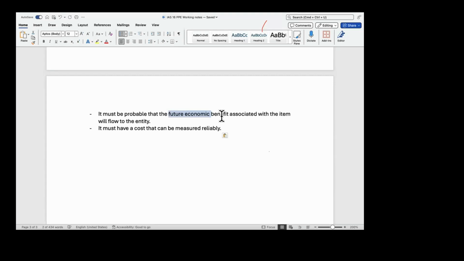If the generator they are using to power the machines is faulty, they will definitely need to do some repairs and maintenance, so that if there is no light, they can use it to power the machines. At that point, the repairs and maintenance for that generator, you can capitalize it.